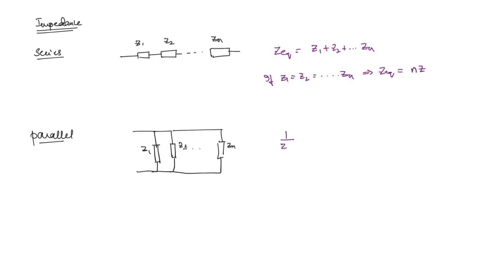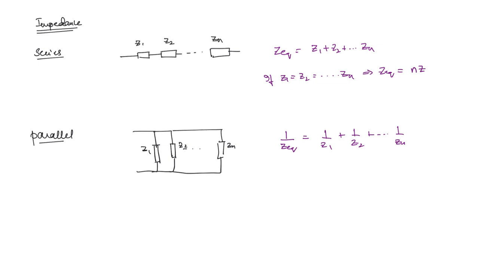The reciprocal of the equivalent impedance will be equal to the sum of the reciprocals of each of the impedances. Okay. So now remember, these Z1, Z2 and Zn are not phasors, but they will have a real and imaginary part, or in other words, they are complex numbers. And you can also represent them in magnitude and phase form.